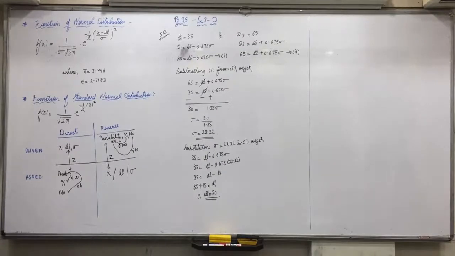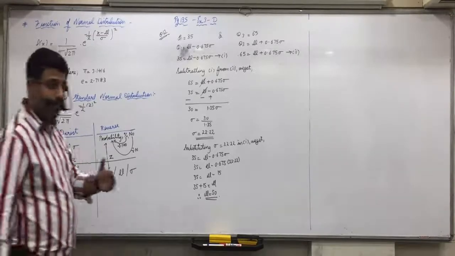As I said, the first part will be simple. Mu and sigma would be directly given, or some information will be given to find mu and sigma. Now we have to apply the reverse situation of range and find Z1 and Z2.